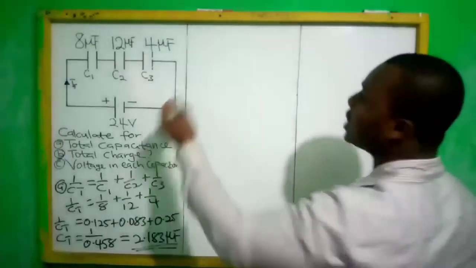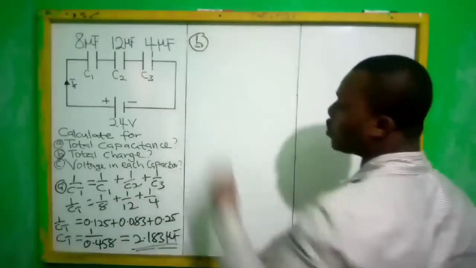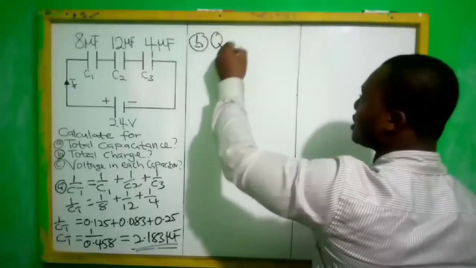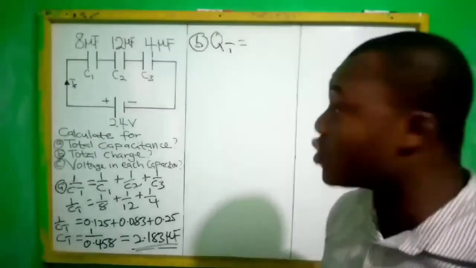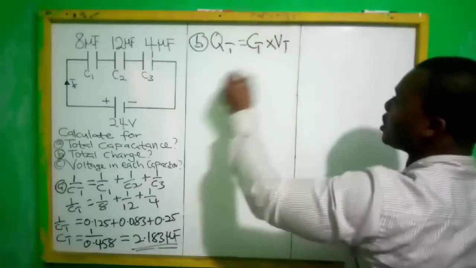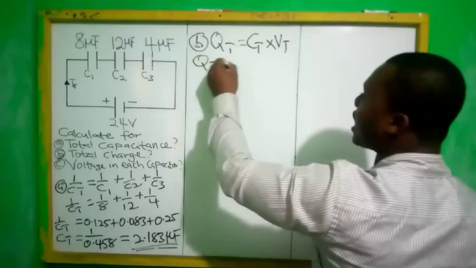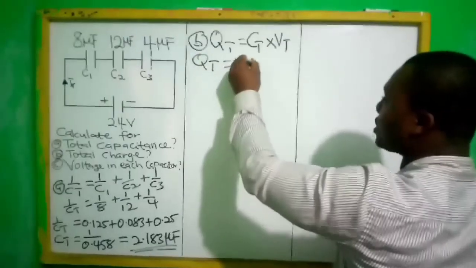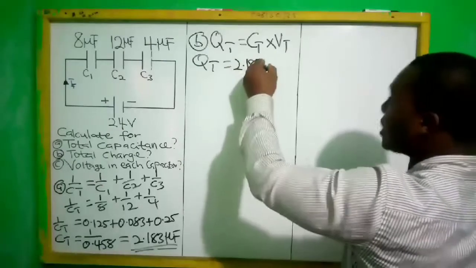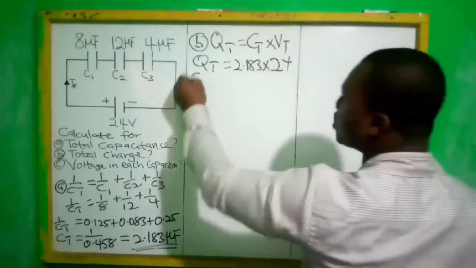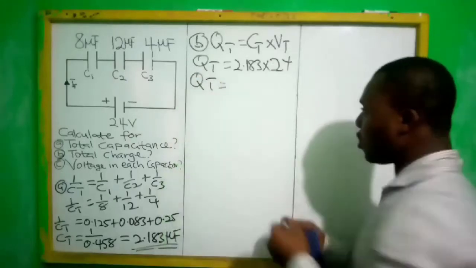All right, so we are asked (b) to calculate the total charge. This is the formula for finding total charge: total capacitance times total voltage. So total charge equals the total capacitance, 2.183, times the total voltage, 24.